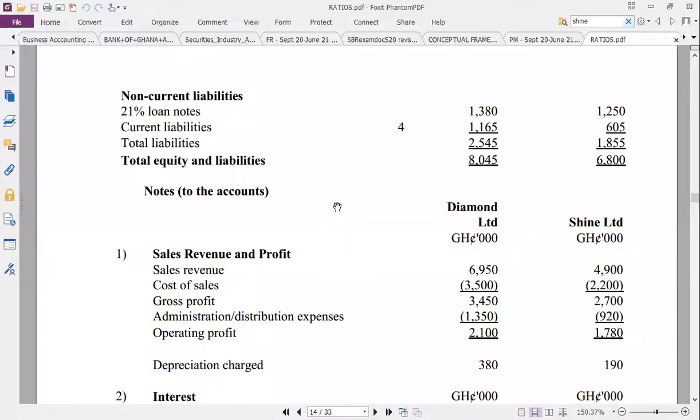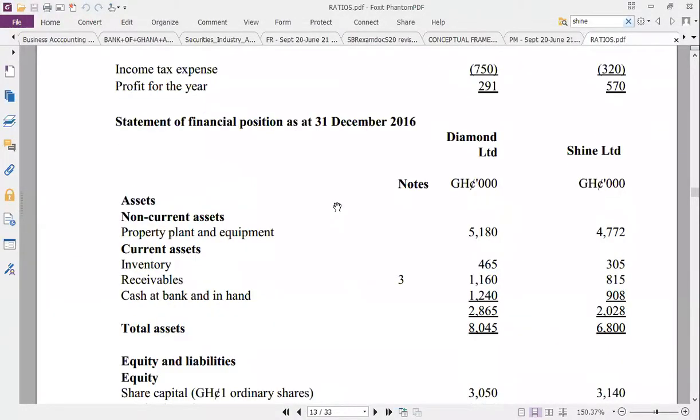Then I'll look for the closing inventory. I think we've looked at it before, which is 465 and 305. So you put it in, and that's the end of the game.